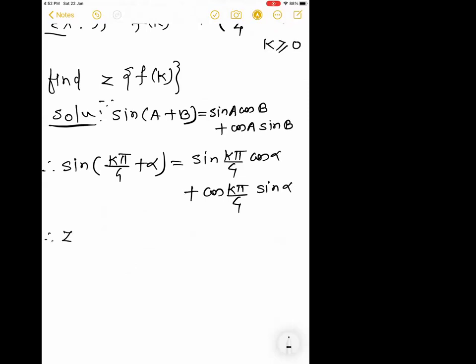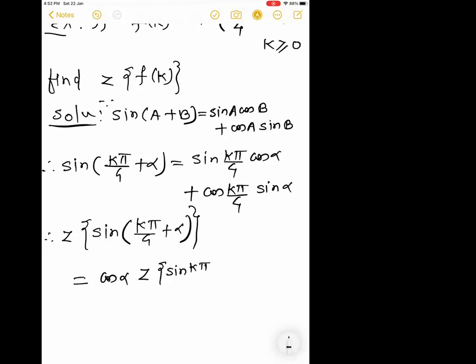Therefore, the Z transform of sine of k pi by 4 plus alpha is equal to cos alpha, keep it outside, times the Z transform of sine k pi by 4, plus sine alpha, keep it outside, times the Z transform of cos k pi by 4. Correct?